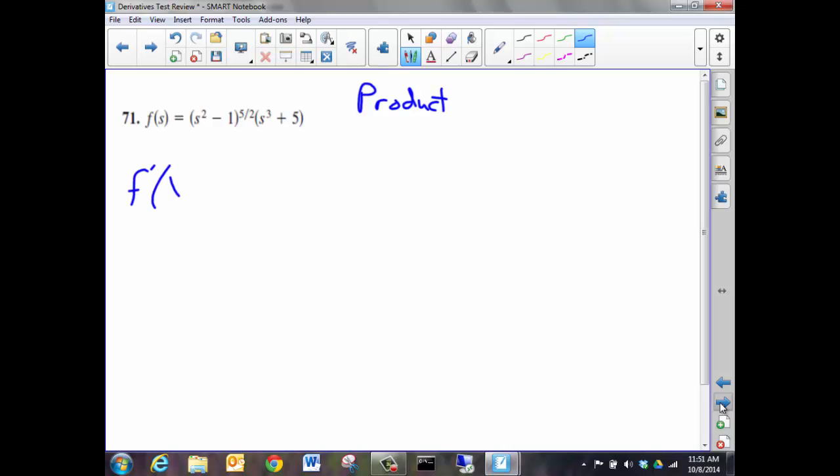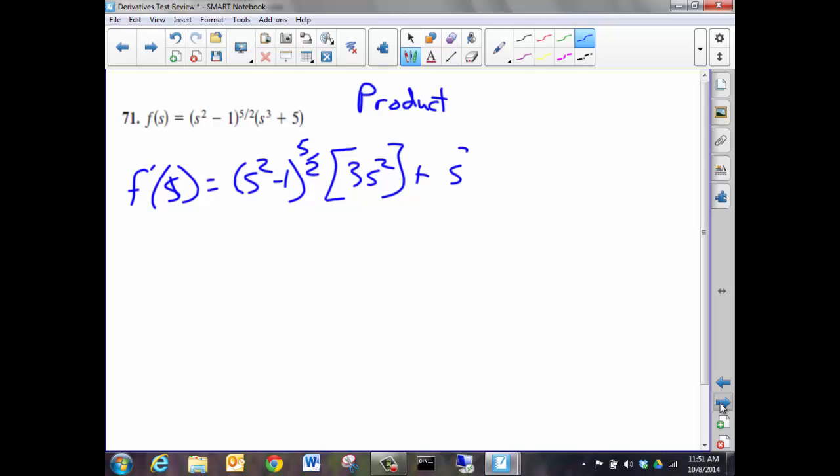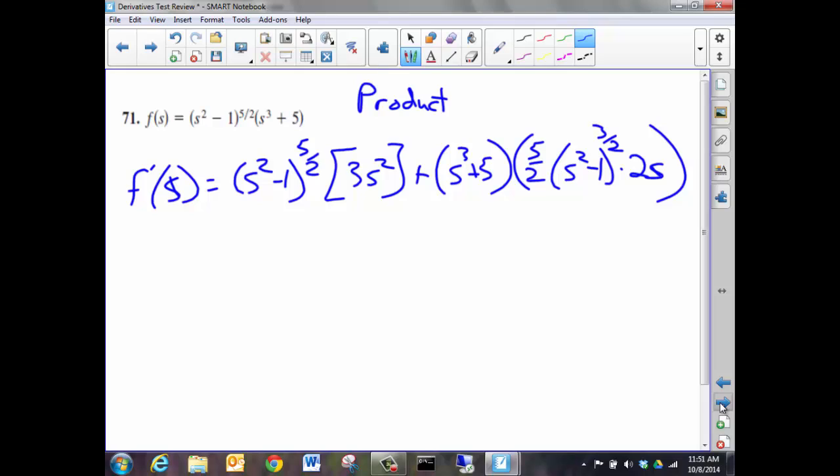So first, I'm going to keep it like it is, times the derivative of the second, 3s squared, plus the second, s cubed plus 5, times the derivative of the first, 5 halves, that thing to the 3 halves, times 2s. That's what you're going to forget out of that. You're going to forget the chain, taking the derivative of the inside thing there, if you're going to forget something there.